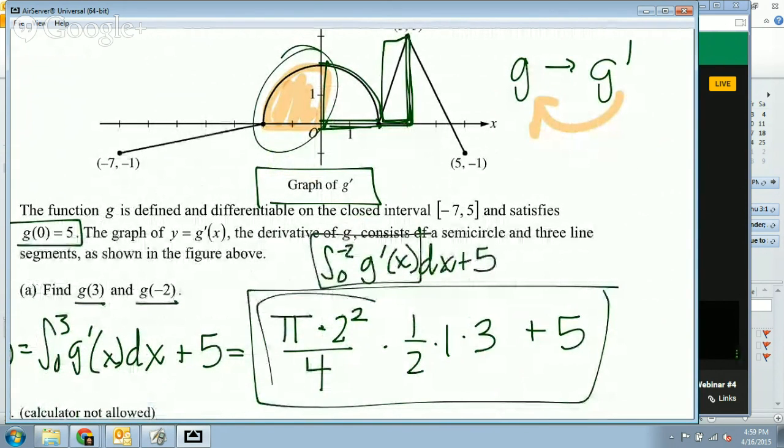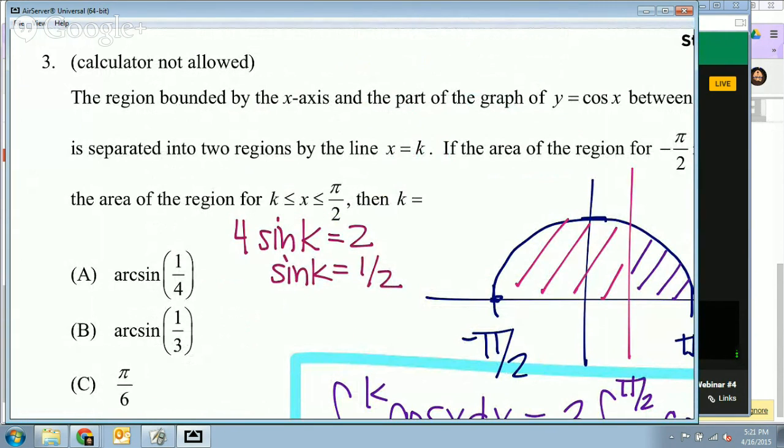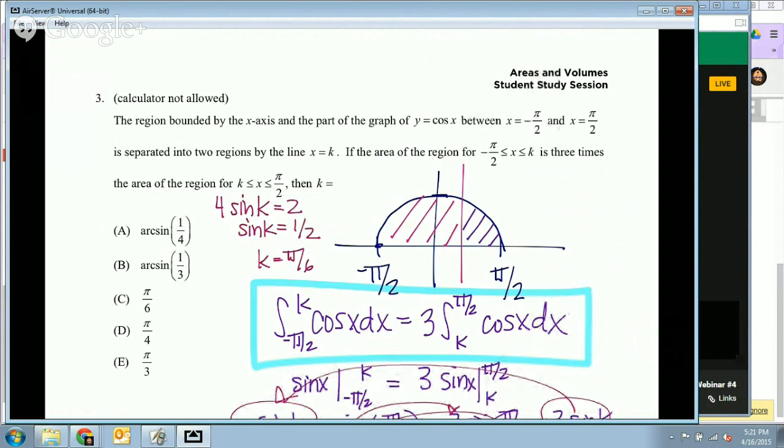So it's this same pi times 2 squared over 4, but it's of when is sine equal to 1/2, okay? And hopefully you know that that is going to be when k is pi over 6, okay?